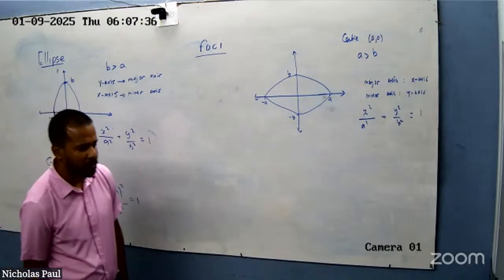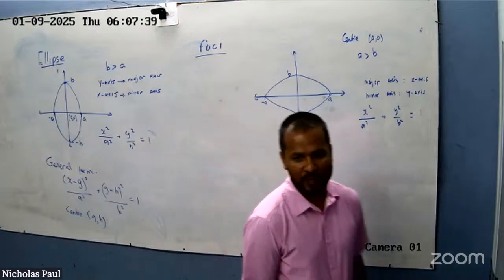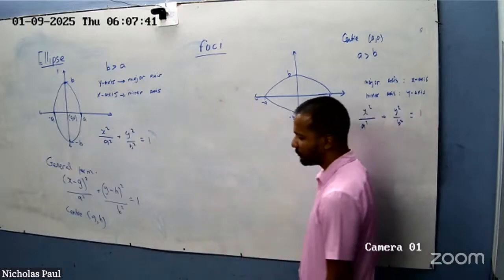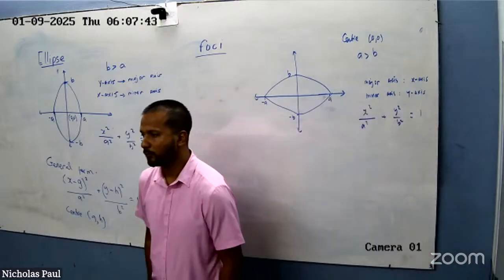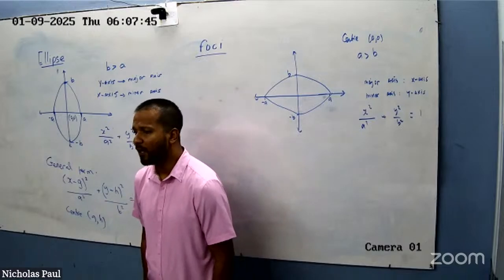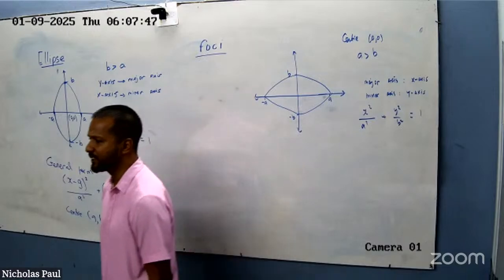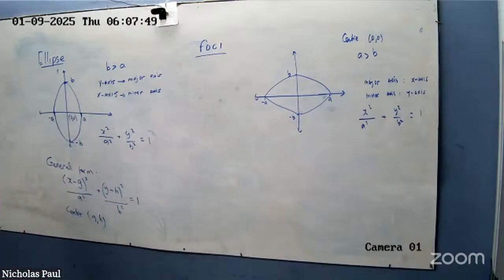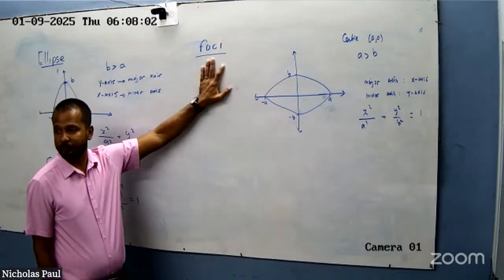There are two special points that are equidistant from the center on the major axis, called the foci.